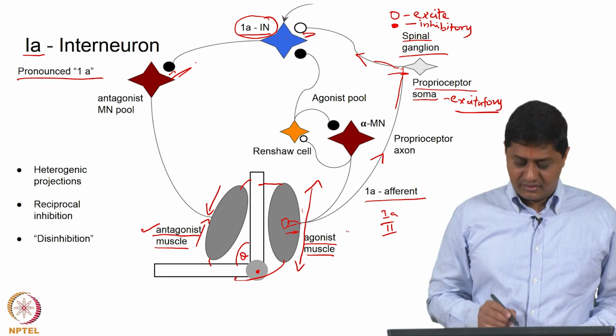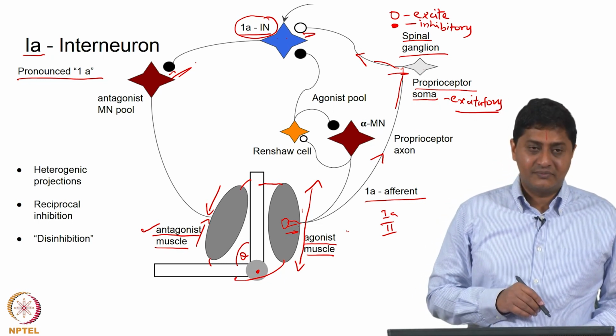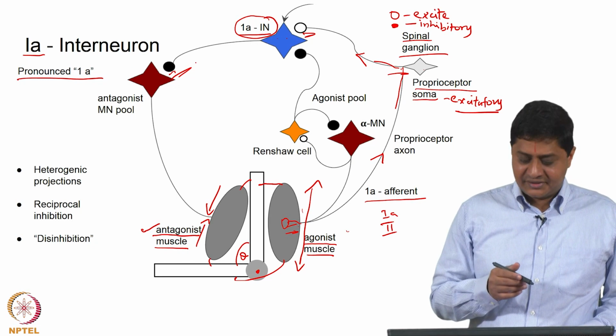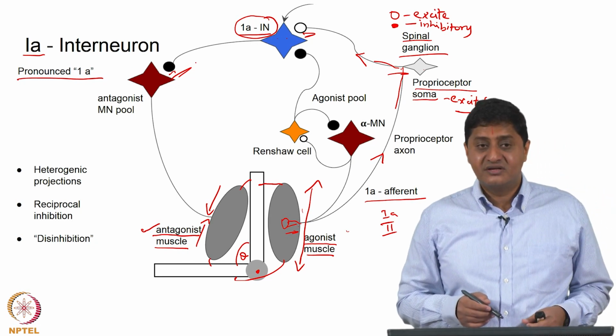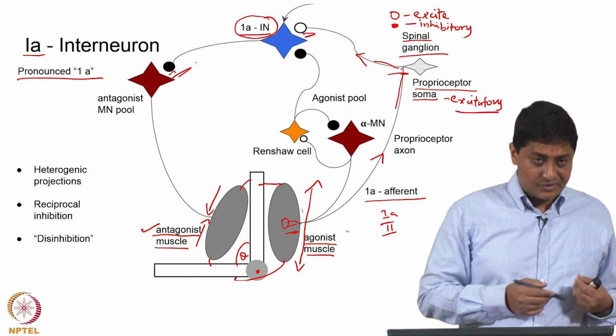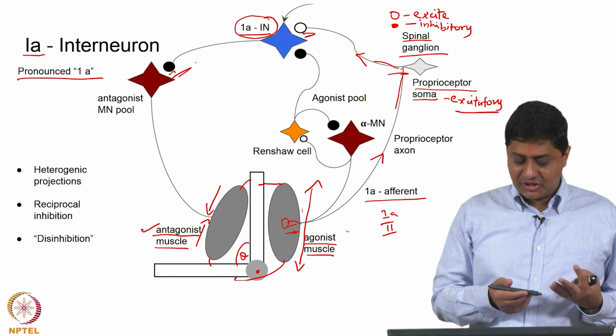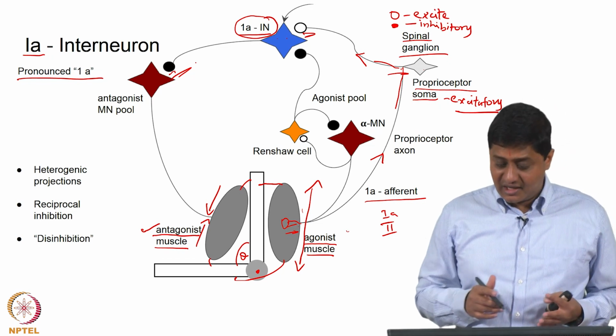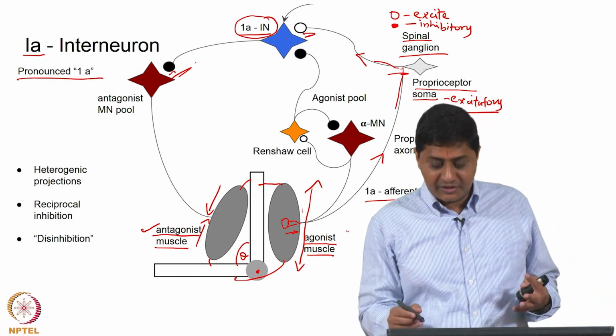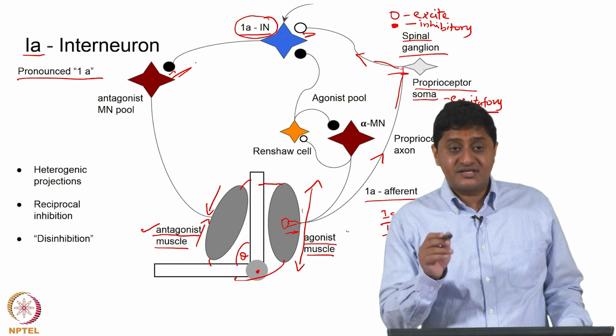Also, one thing to note is that it is not necessary that the agonist muscle will stretch only when the antagonist muscle is contracting. It is also possible that the agonist muscle will stretch due to an external load. An external load could cause stretching, even in those cases, because it is not like the proprioceptor neuron can know who is causing the stretch.